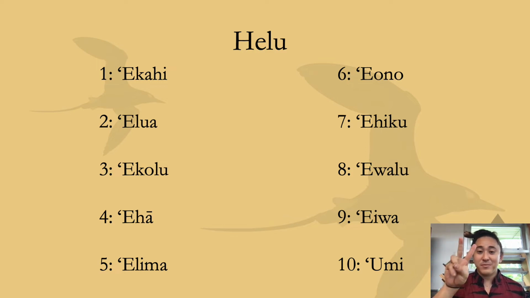So ekahi, elua, ekolu, eha, elima. This one's easy. Elima, because your hand is your lima. So you get 5 fingers, elima fingers on your lima. Elima. Ekahi, elua, ekolu, eha, elima.